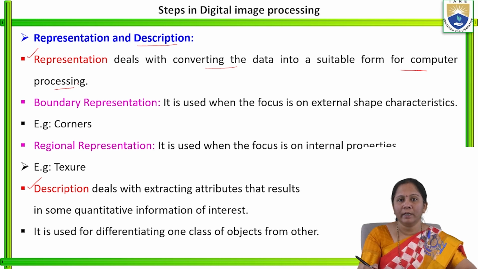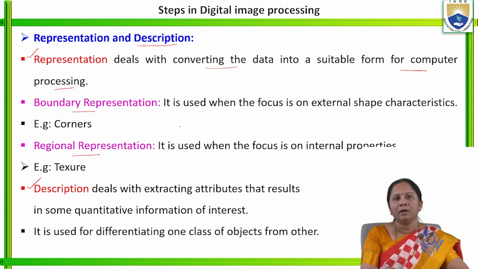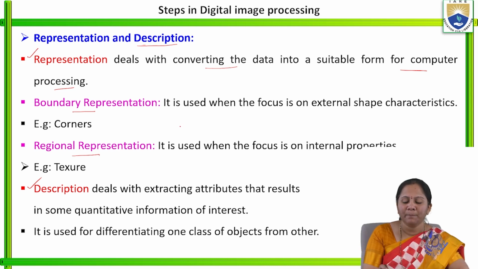That means whatever data we give for image processing should be represented properly. There are two ways to represent the image. One is boundary representation, another one is regional representation.